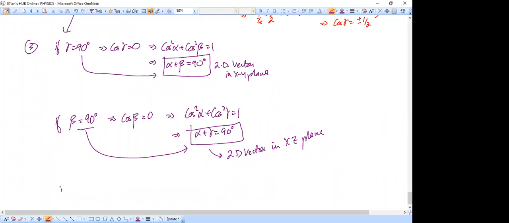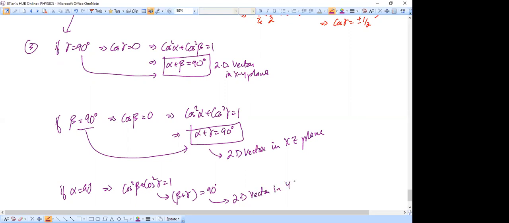Similarly, if alpha is 90 degrees, then cos square beta plus cos square gamma would be 1, so this is a 2D vector in the yz plane.